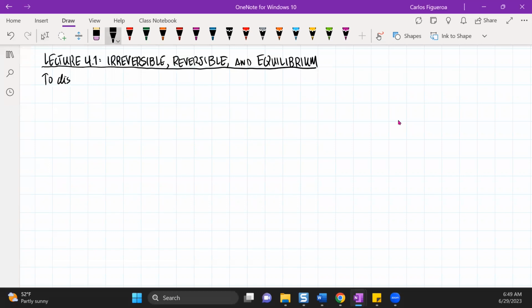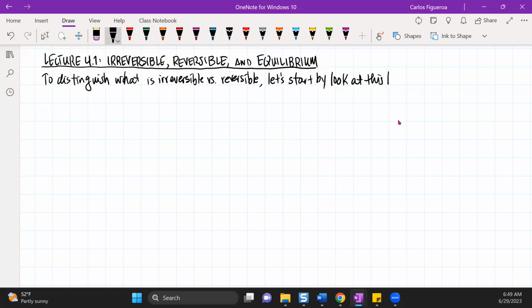To distinguish what is irreversible versus reversible, let's start by looking at this heat interaction.